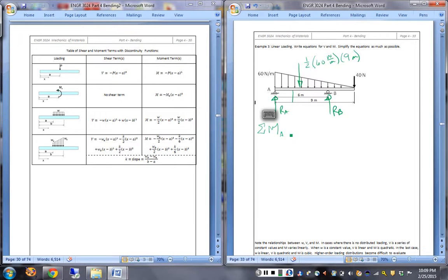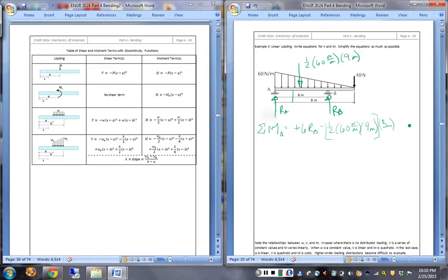For the sum of the moments about A, we'll have a term for the reaction at B, so plus 6 meters times the reaction at B. We'll have a negative term for the equivalent force, for which 1/2 times 60 times 9 is the magnitude, and its point of action is at 3 meters.